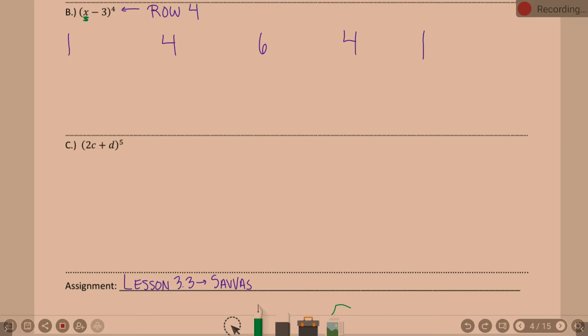Okay, in the first spot, start high. X to the 4th. From there, count down, yes? So x to the 3rd, x to the 2nd, x to the 1st, x to the 0. Feel confident I did it right? I did it 0. Now, reverse.